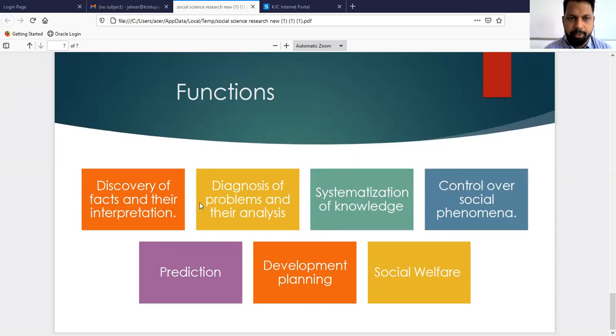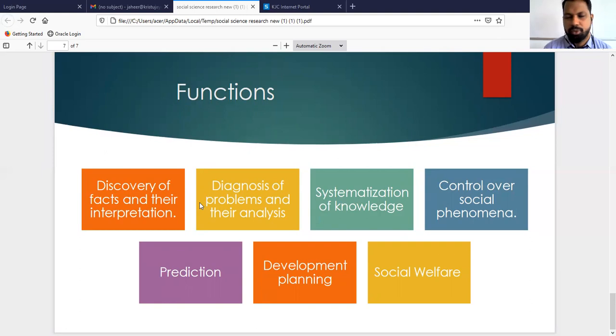The development and planning. Most of the policies and planning methodology implemented by the government use social science research. For example, if the government wants to implement a developmental policy for backward people, it will conduct a study on the socioeconomic status of that group.